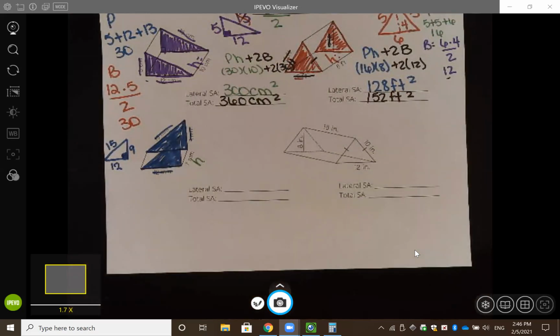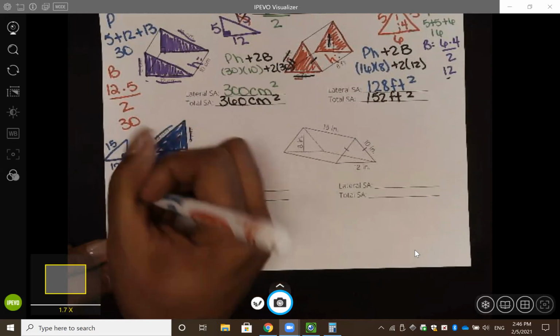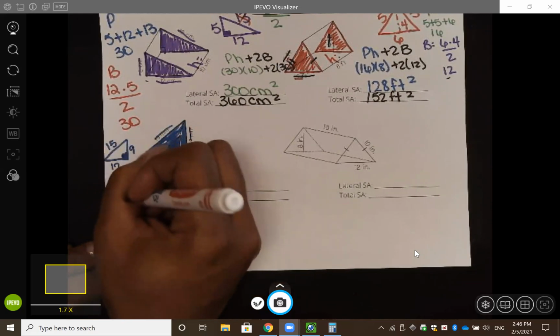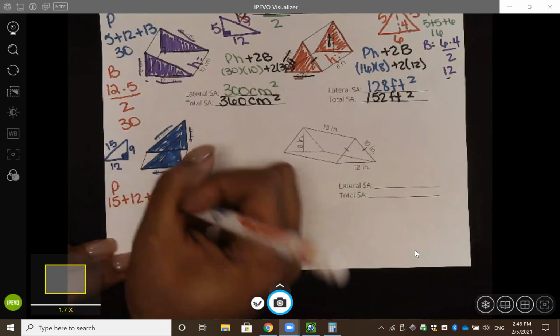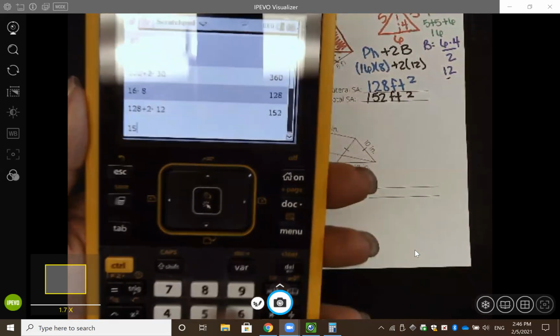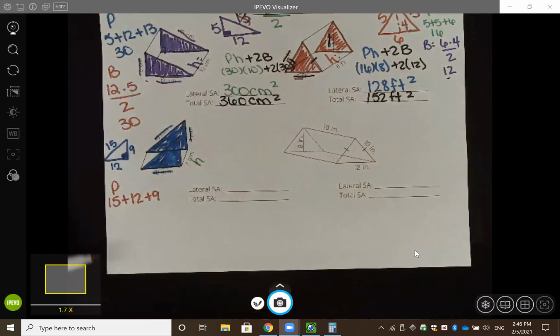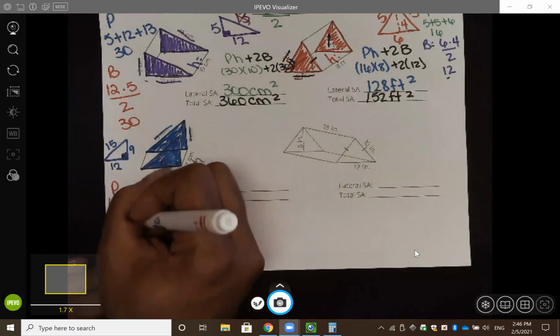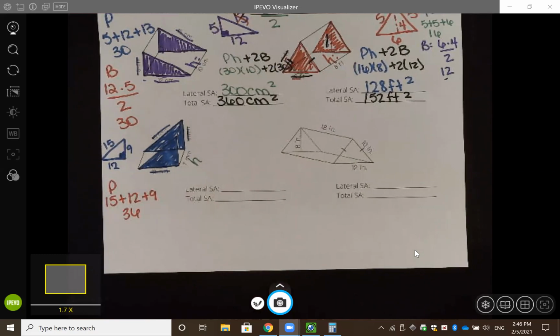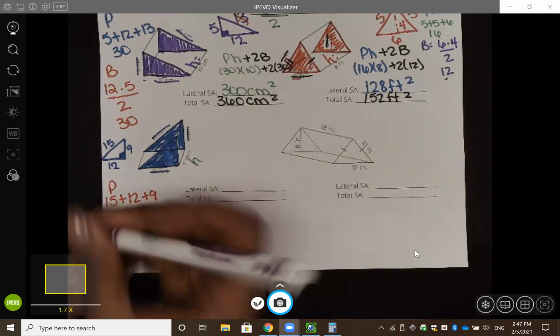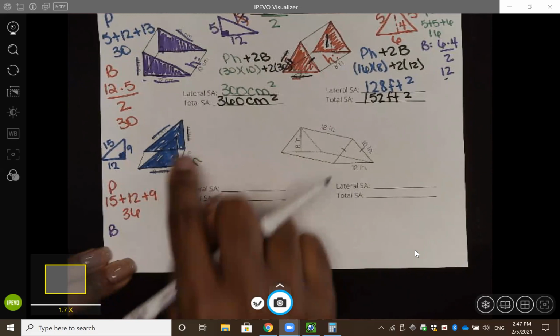So now let's start getting our numbers. Perimeter, you add your 3 sides. So 15 plus 12 plus 9. 15 plus 12 plus 9 is 36. And then I need to get my big B because I already know my height is over here.